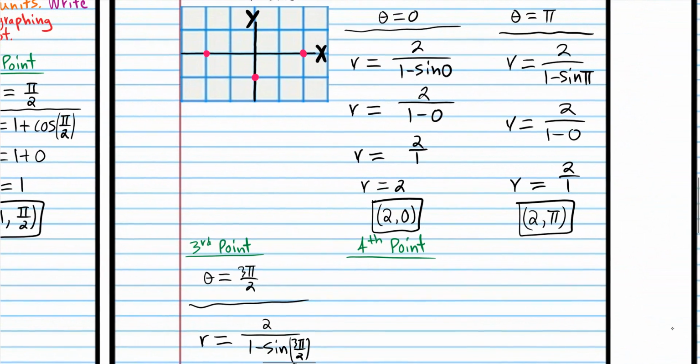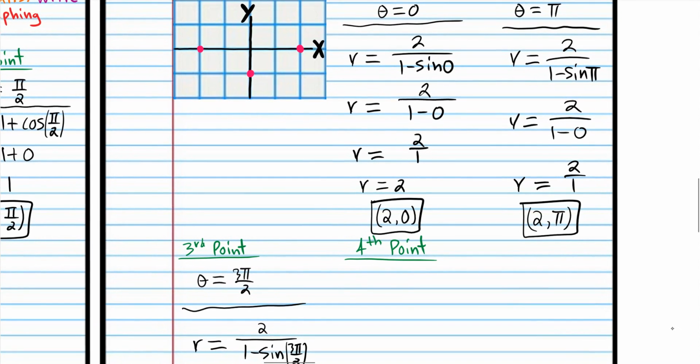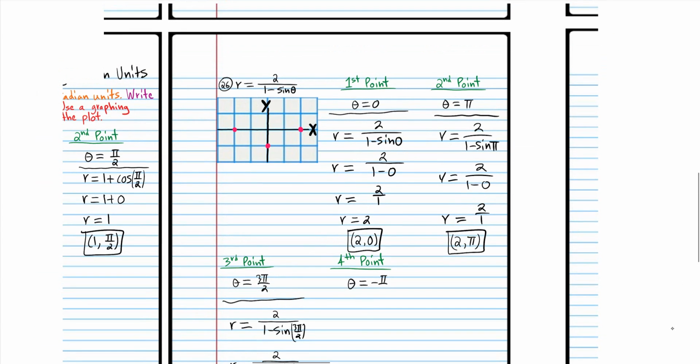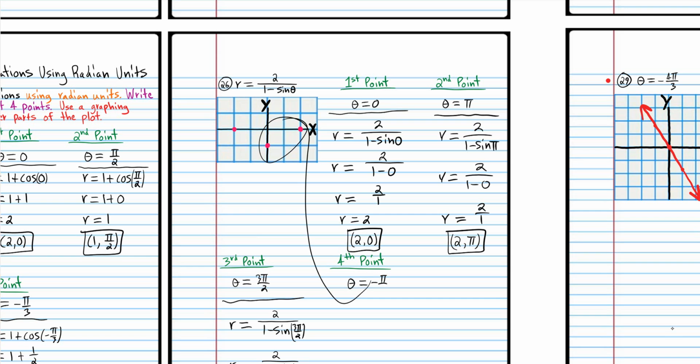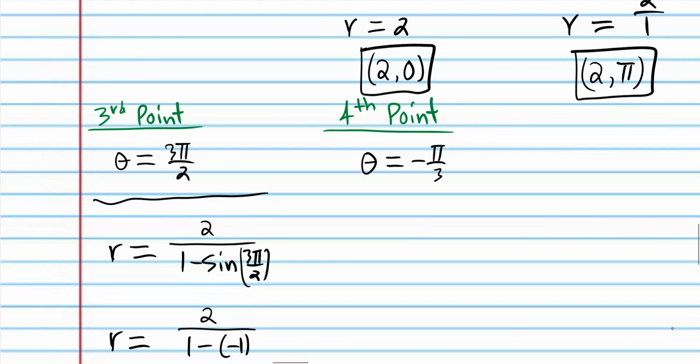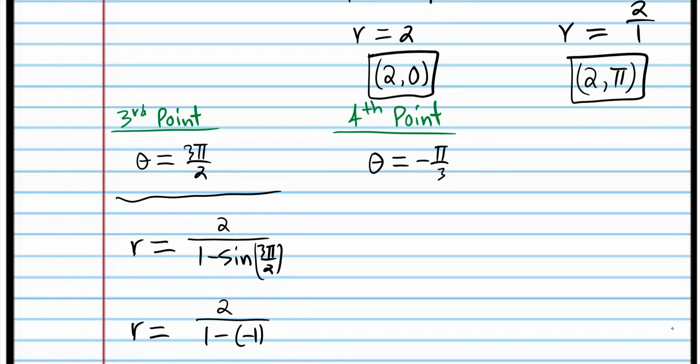Positive pi over 3 would actually not be on the scale. I meant pi over 3. Positive pi over 3 is not. So we're going to choose negative pi over 3. I think this might be on the graph.